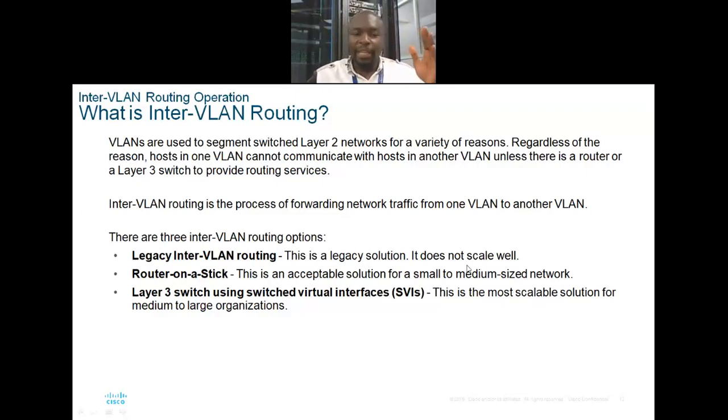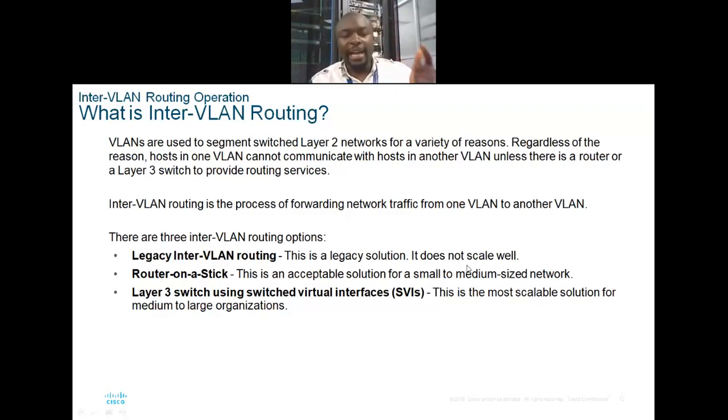Now, inter-VLAN routing is the process of forwarding network traffic from one VLAN to another. There are 3 main inter-VLAN routing options, which we are going to look at today. The first one is legacy inter-VLAN routing. This is a legacy solution. It does not scale well, and we'll find out why. Then we have router on a stick.